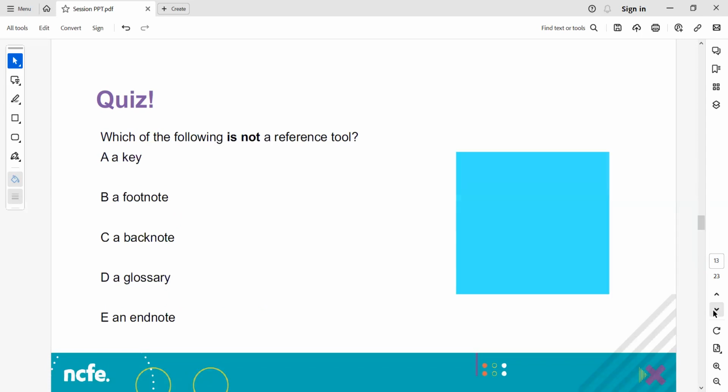Okay. So which of the following is not a reference tool? A, a key, B, a footnote, C, a backnote, D, a glossary, E, an endnote. So which one of those have we not looked at today?